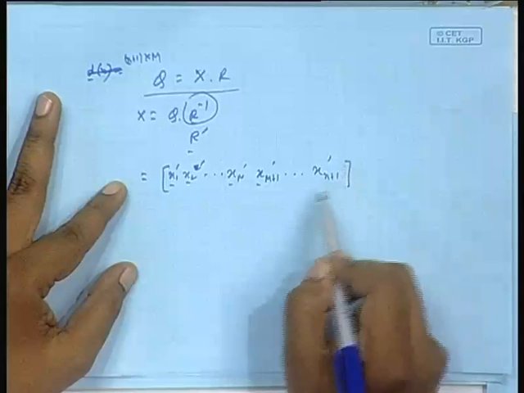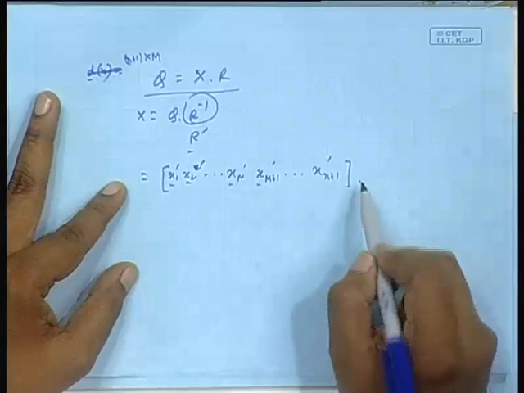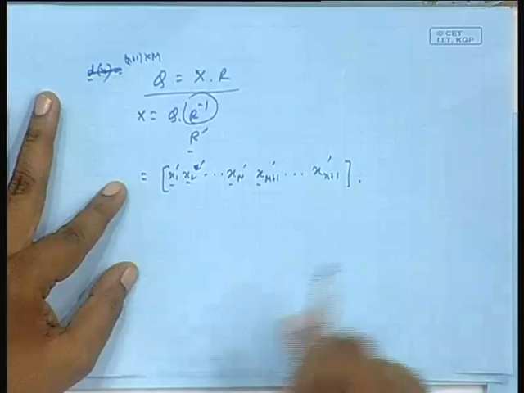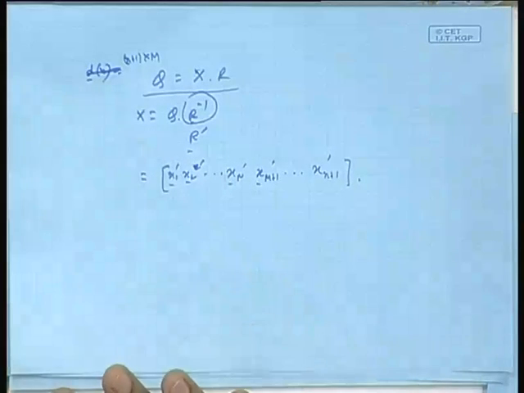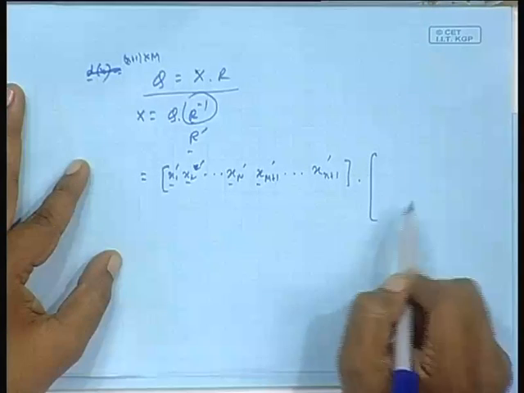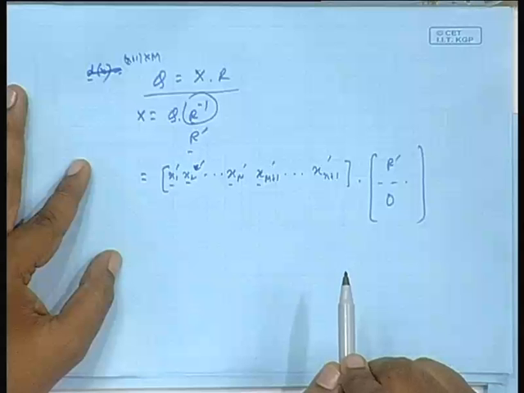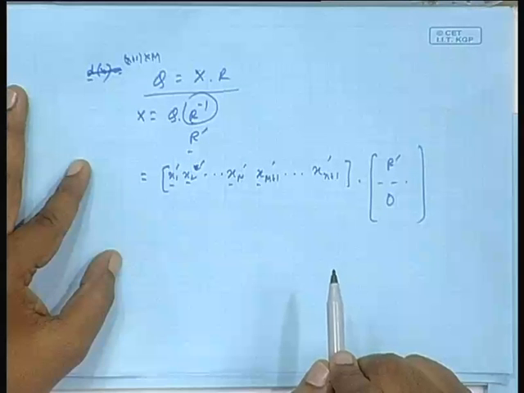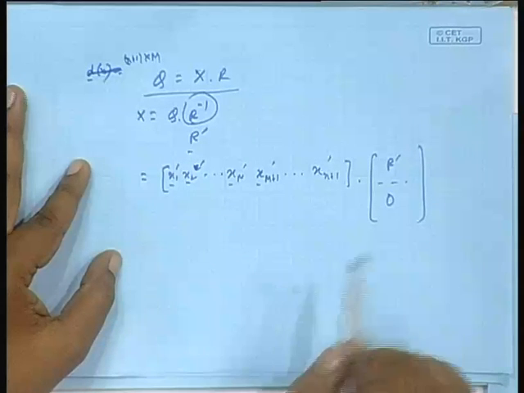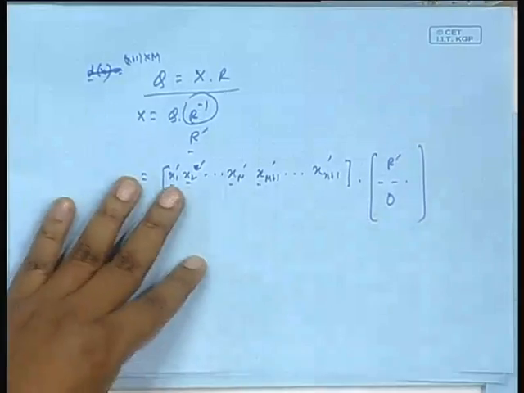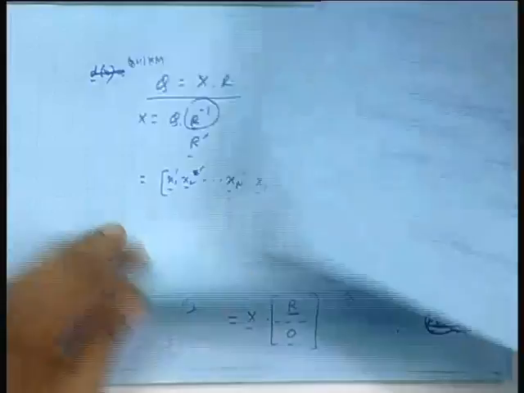But then this matrix becomes square. What will happen to R prime? R prime was a square upper triangular matrix. So now that R prime we will have that chunk of zeros. You remember I brought the chunk of 0 here, it was just a silly mistake.